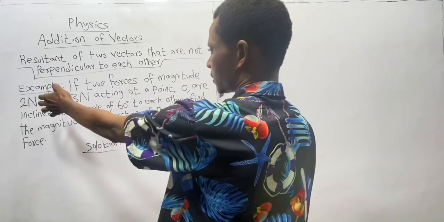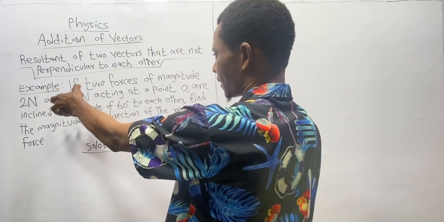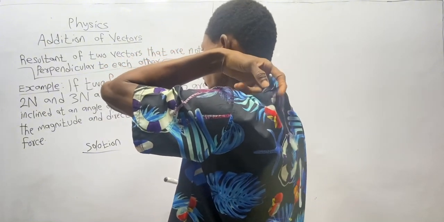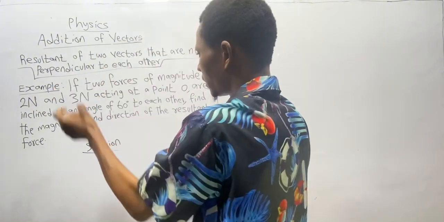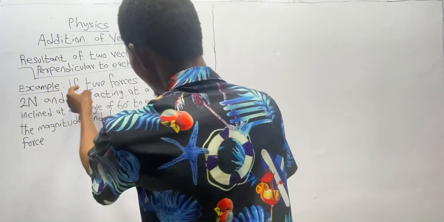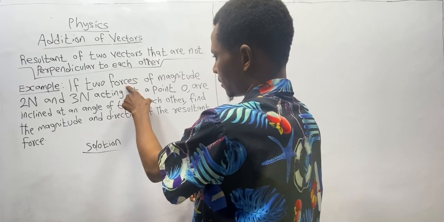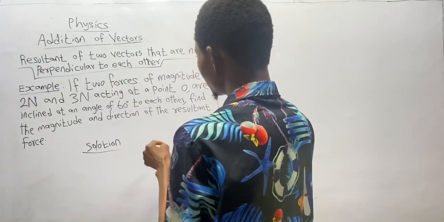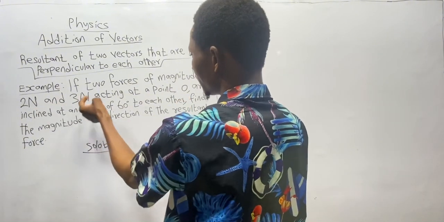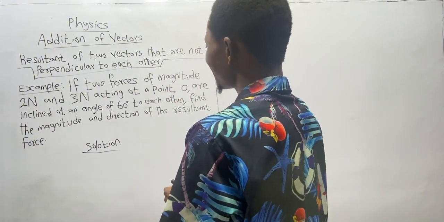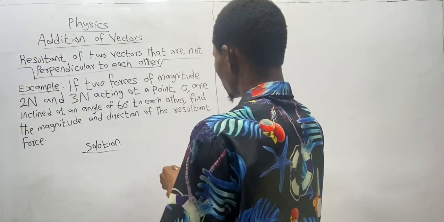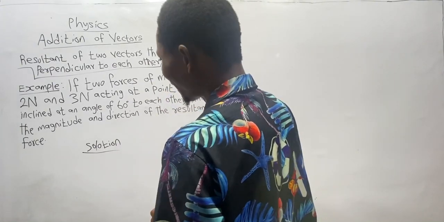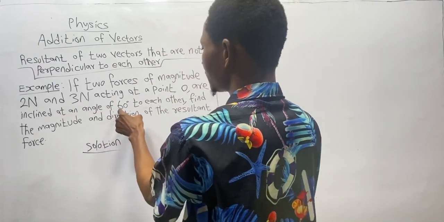Now, we are taking this question as an example under the resultant of two vectors that are not perpendicular to each other. So let's take this question. It says, if two forces, the force here now is what? The vector, as you know. If two forces of magnitude 2 Newton and 3 Newton acting at a point O are inclined at an angle of 60 degrees.